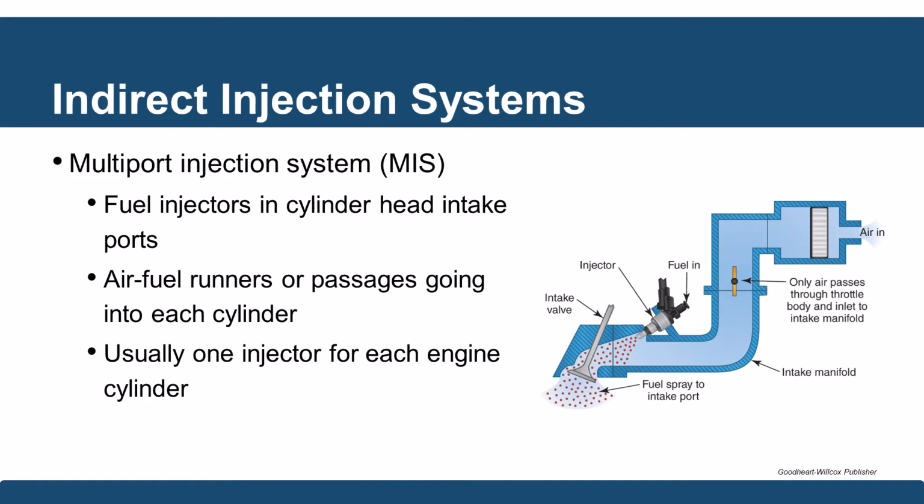Remember, these are the ones that sit right behind usually the intake valve, but are in the actual intake manifold. And then there are air fuel runners or passages going to each cylinder. These are sometimes called swirl flaps, to really mix up this fuel. And there's usually one injector for each engine cylinder.